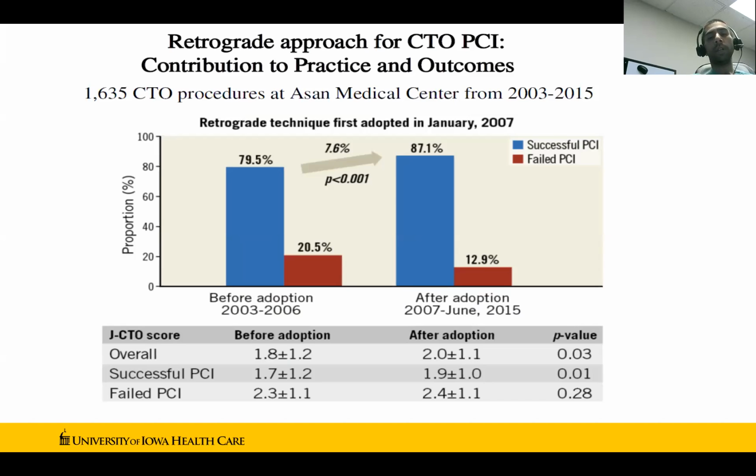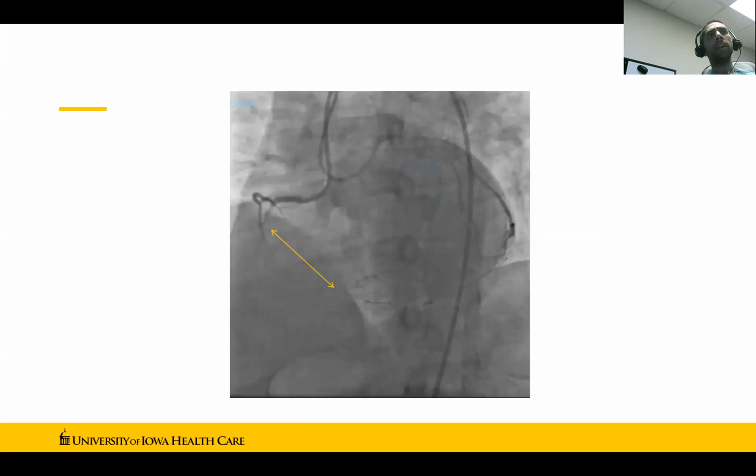I'll show you this case. You would notice that, very similar to the case that I just showed, we achieved success using antegrade dissection reentry. This is a different patient, again with a very, very long CTO segment.